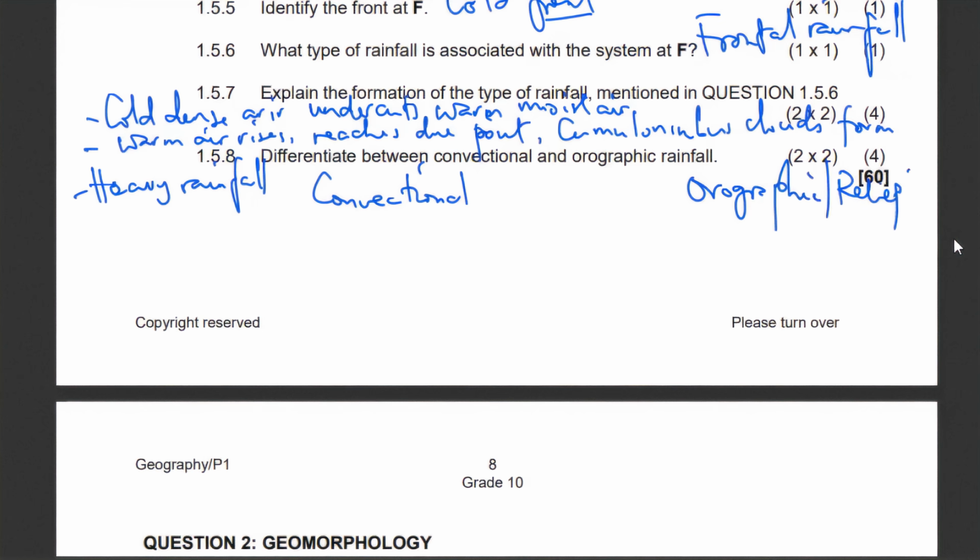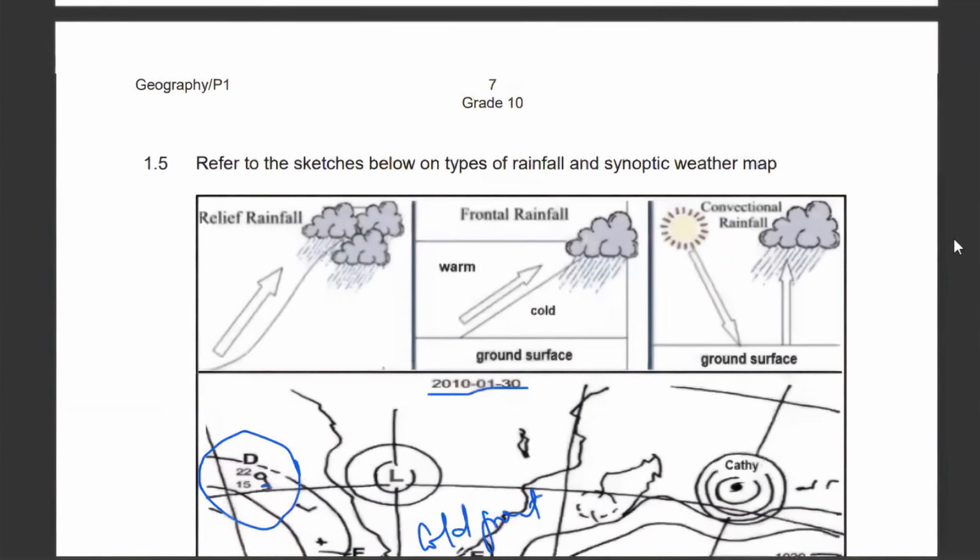Right, let me use the illustration to explain this. What is going to happen here with our convectional rainfall? Right, we are saying the sun heats up the ground surface and water bodies. All moisture which is on the ground surface here is affected by the heat which is coming from there.